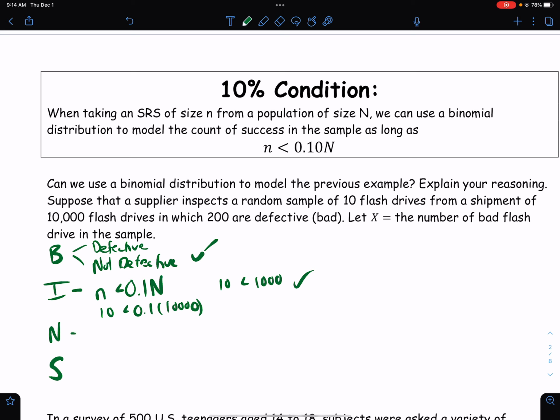Do we have a set number? Yes, n is 10. We're always picking 10. And our probability is roughly always the same because of the 10% condition, so it would be around 0.02 the whole time. So yes, we can use a binomial distribution because the sample size is less than 10% of the population.